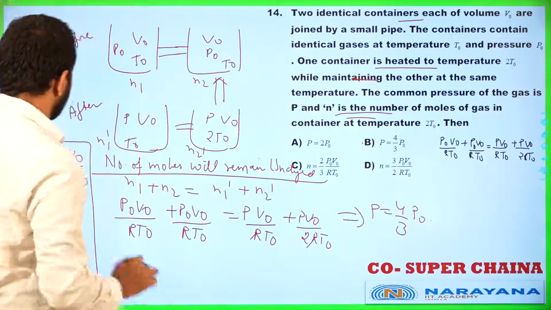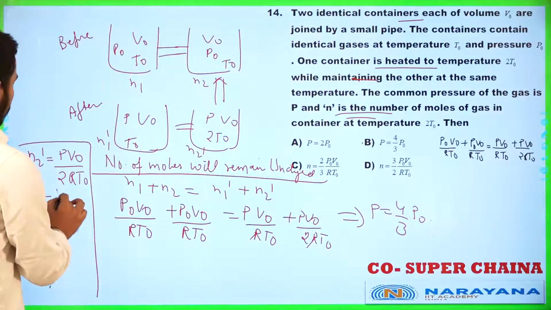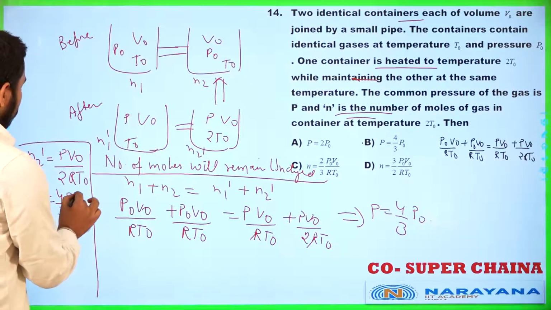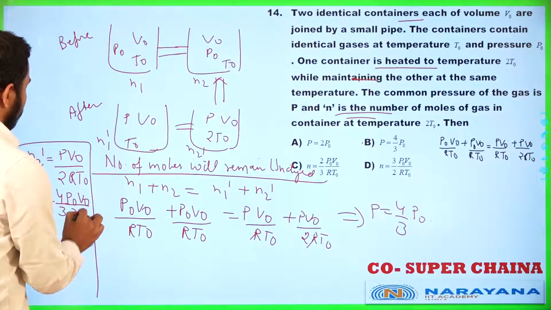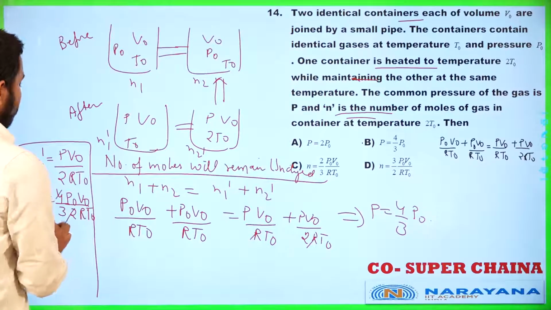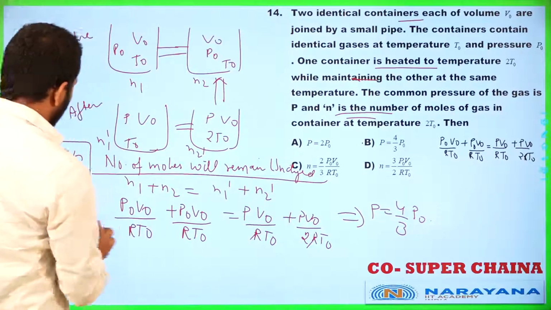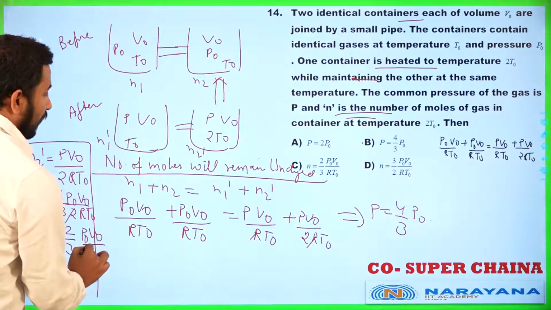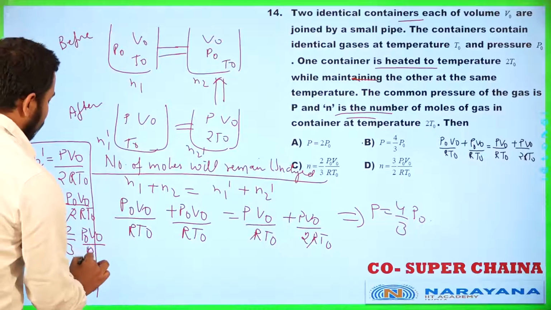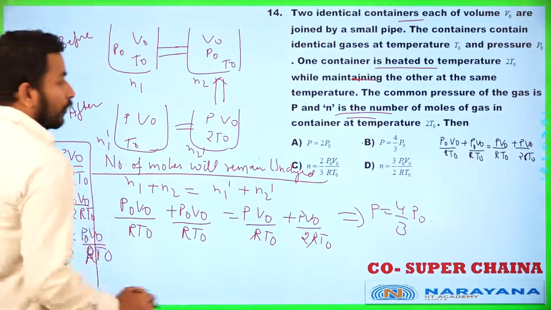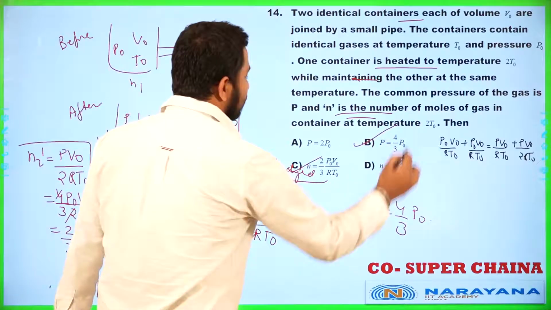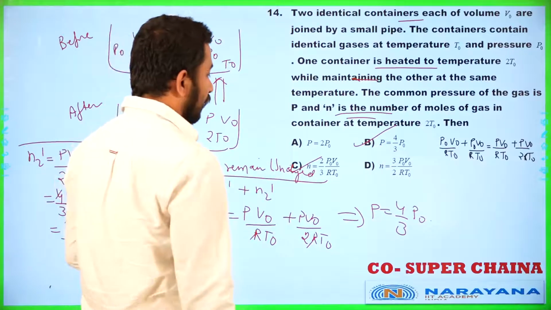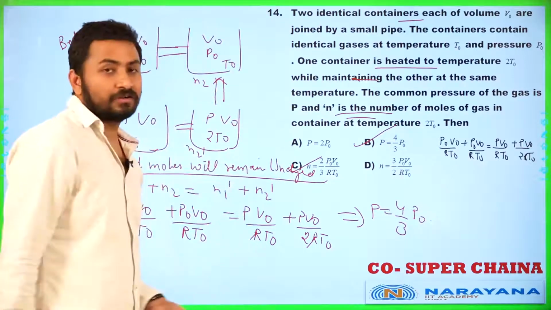We already got P, so we substitute P as 4 by 3 P0 times V0 by 2RT0. If you simplify this, we get 2 by 3 P0V0 by RT0. So we got this and this as the correct options for this question.